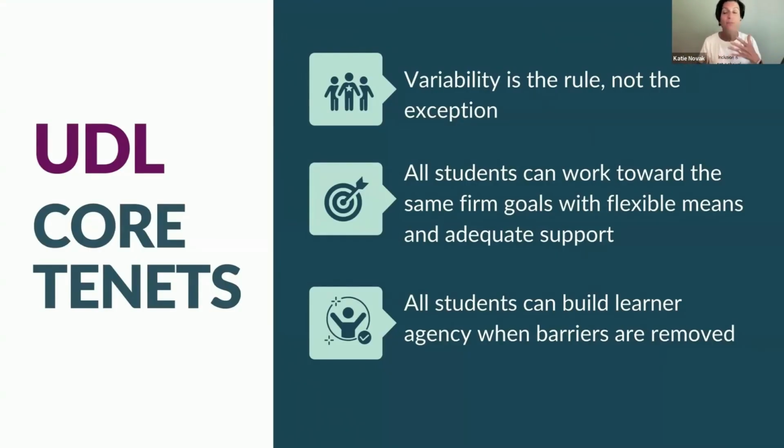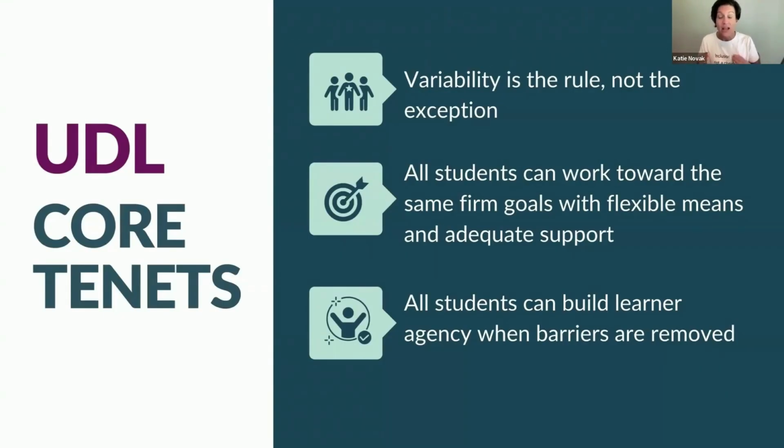There's a beautiful quote in the equity space: nothing for us without us. Don't do anything for us without us. We really have to lean in and say, what is it that you need? Equity, as Chris Emdin says, is hearing someone's voice about what they need and working to provide them with that.